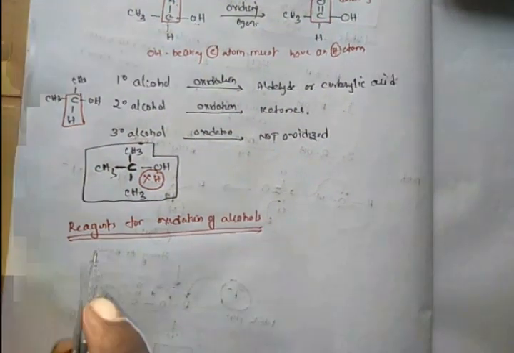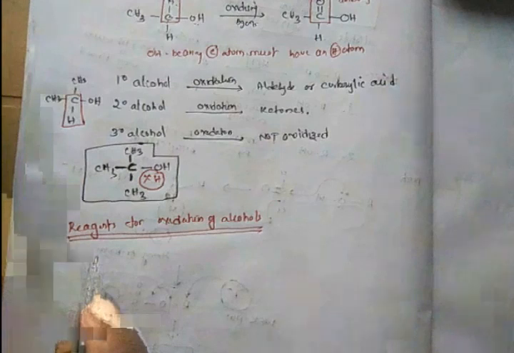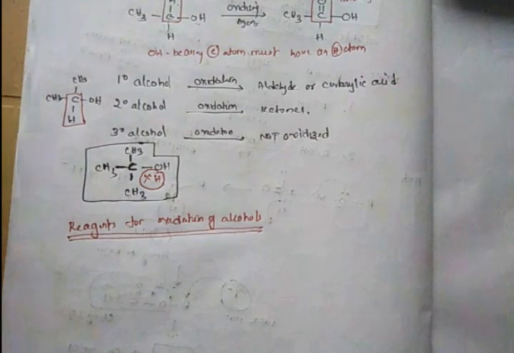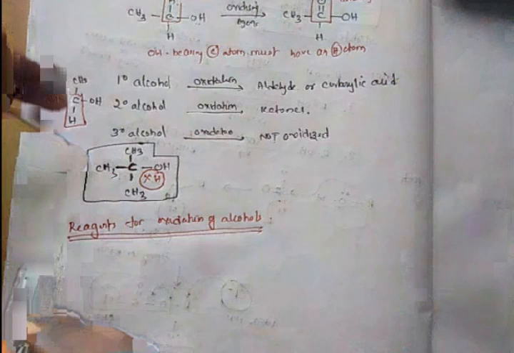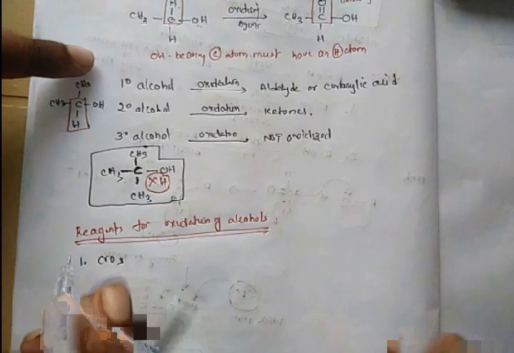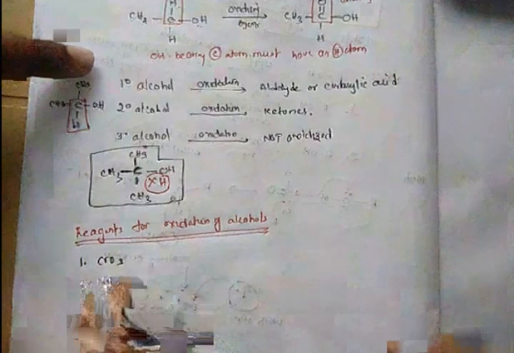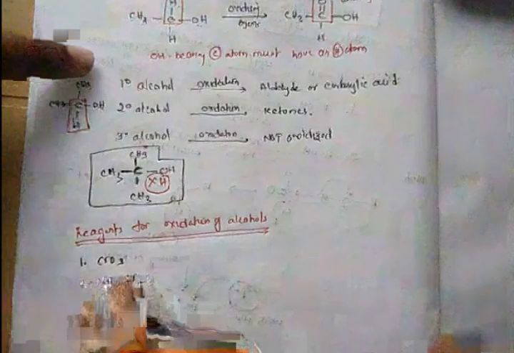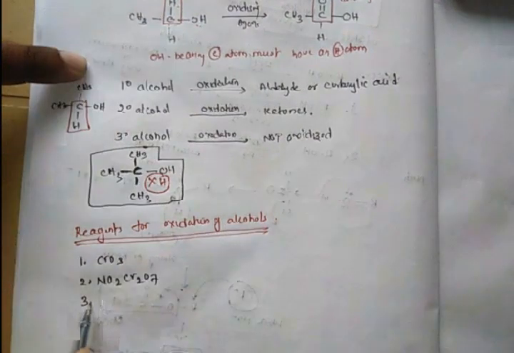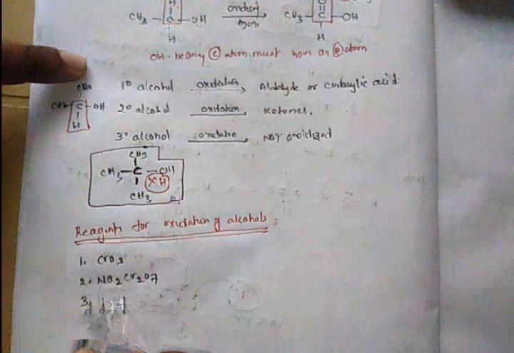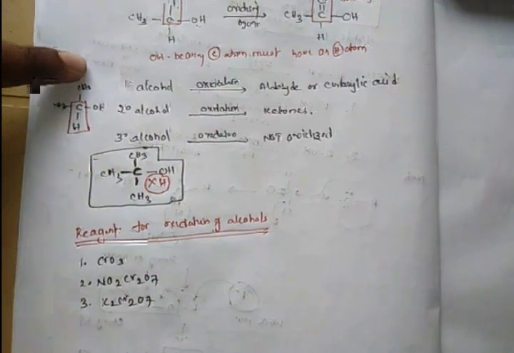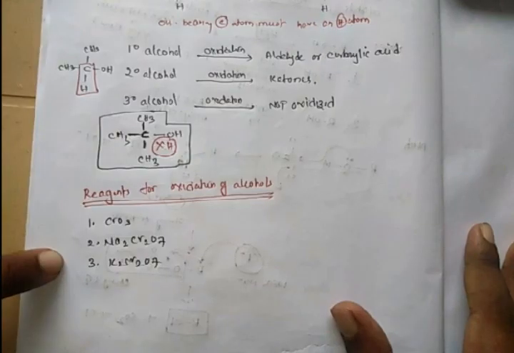They are the chromium metal oxidants. The best reagents are CrO3, chromium trioxide, and the second reagent is Na2Cr2O7, and third is K2Cr2O7. Okay, these are the best oxidizing reagents.